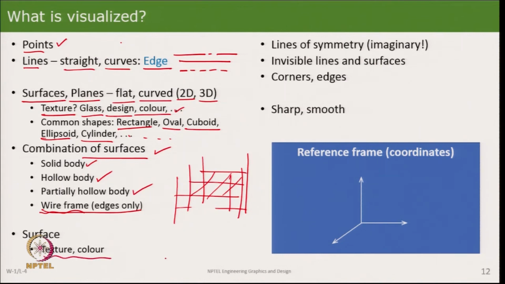Finally, texture and color, although in engineering we do not go into details of this, we may just write on the sheet what the color image is. In all our pictures, we do not show details of these aspects. Practical designer, say a product designer, a fashion designer, an architect, in those drawings we will show the texture and color.